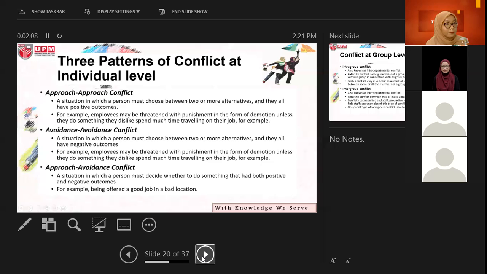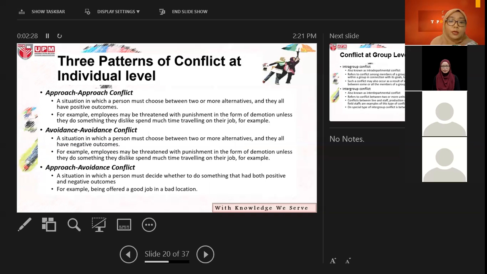Okay, next one, conflict at individual level. So there are three patterns of conflict at individual level. Either it is approach conflict, avoidance conflict, or approach avoidance conflict. Approach and avoidance conflict ini very simple.